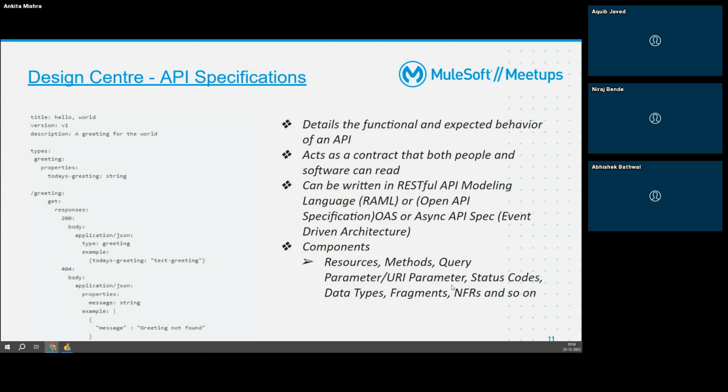And what is a URI parameter? URI stands for unique resource identifier. As the name itself says, unique means a specific detail, a specific piece of information you would like to have. For example, if I'm looking for books, with a query parameter I'll get all the books present in the Amazon system, from different writers and different genres, all kinds of books.